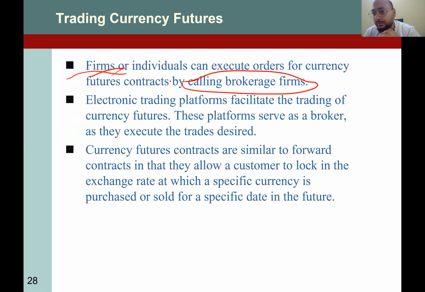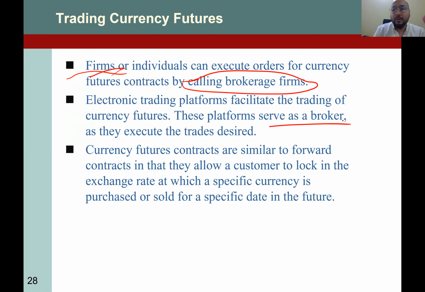We call this brokerage. So there is an electronic platform. The platform serves as a broker. So you maintain some cushion, some margin, some advance balance over there, so that if you lose something, they can use your balance and transfer the money. So you do not back off from your transaction.